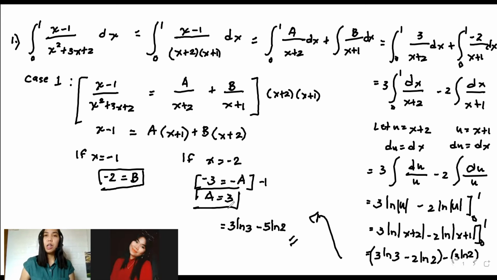Therefore, the value of A is 3. Since you already have the value for A and B, follow this format. The integral of 3 over x plus 2 dx plus the value of B, negative 2, so you put negative 2 over x plus 1 dx.